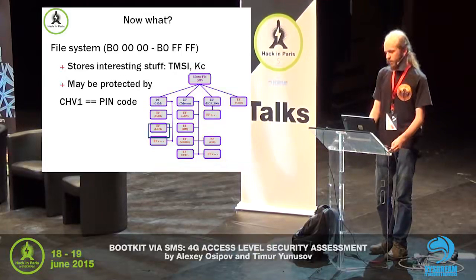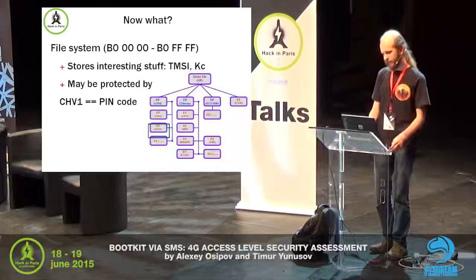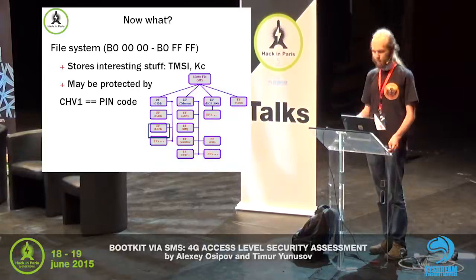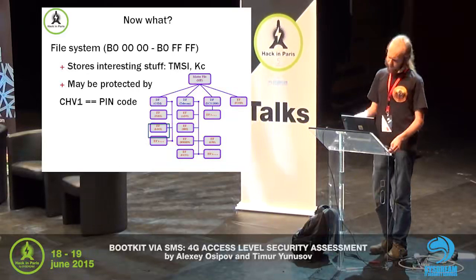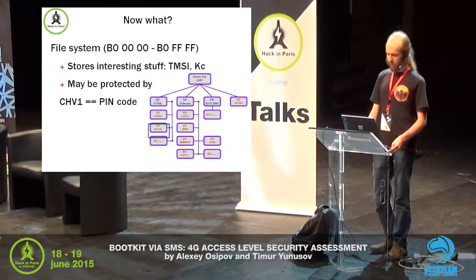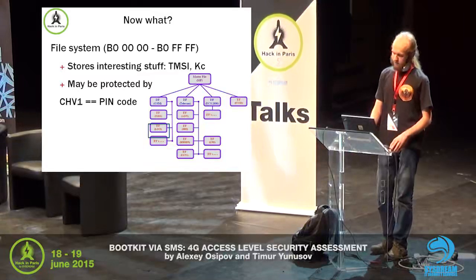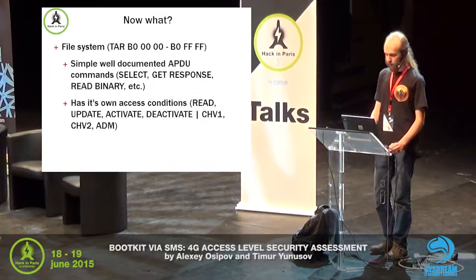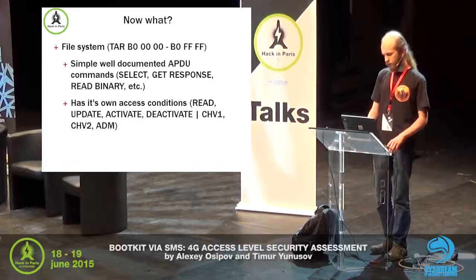Most of the SIM cards in your phones are not protected with it because it's quite obvious that you can protect it by swiping the iPhone unlock code or Android code and so on. There is no need for another protection. But for accessing this SIM card from the telecom network, you should have cryptographic keys or the PIN code.